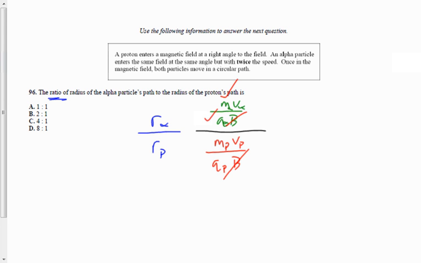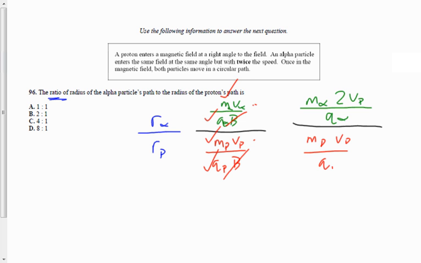Now, here's the trick, though. We need a value for speed. We don't know what either of the speeds are, but we do know that the speed of the alpha particle is twice the speed of the proton. So let's say m alpha times 2v proton over q alpha, over m proton v proton over q proton.